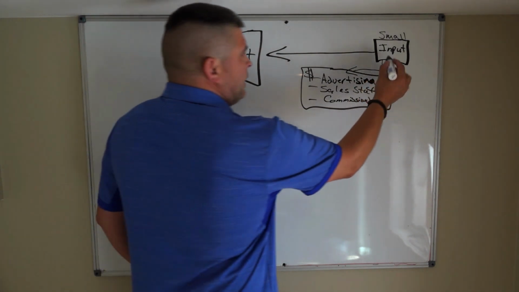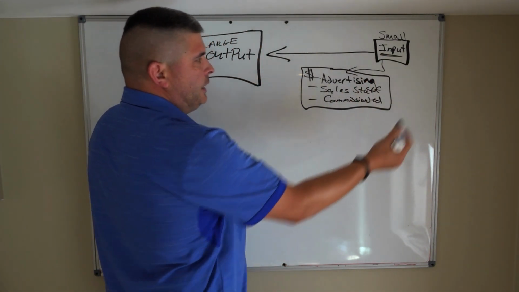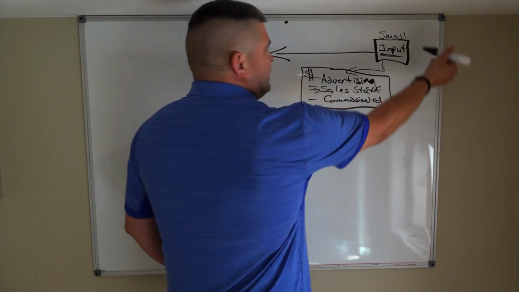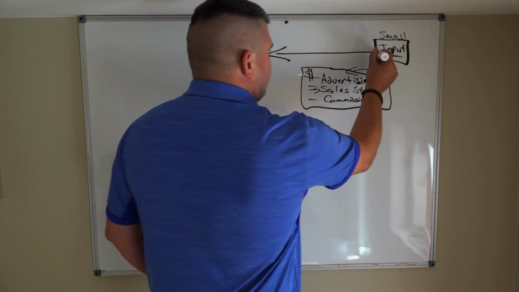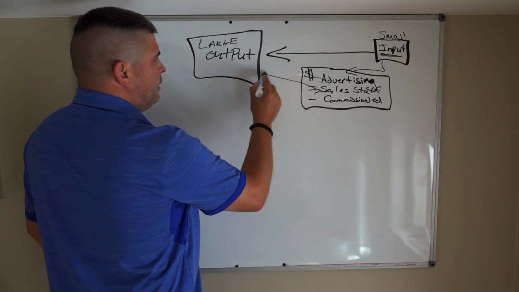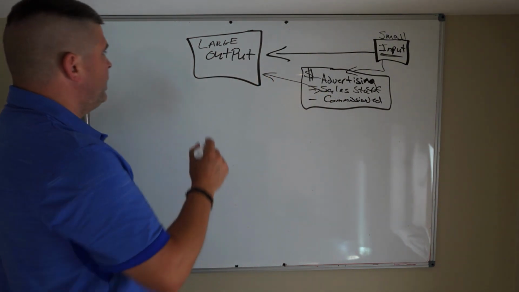So if we're plugging in this input, say it's lead generation going to a sales staff, and that's a small input coming in, what does this in turn end up creating here? A large output, okay?